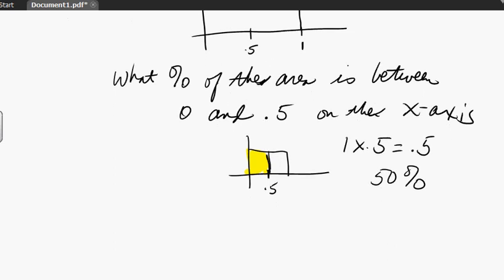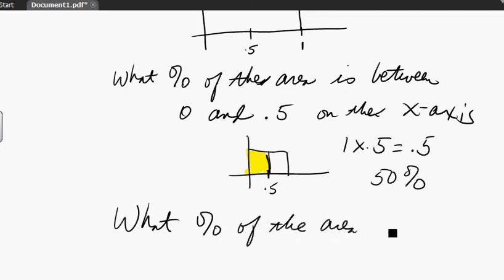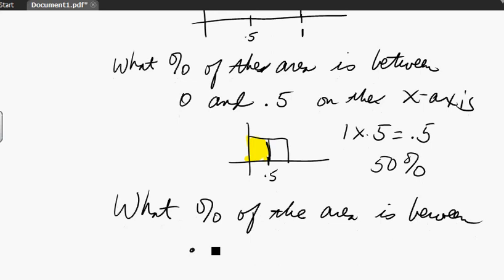Okay. What percent of the area is between 0.2 and 0.75 on the x-axis?